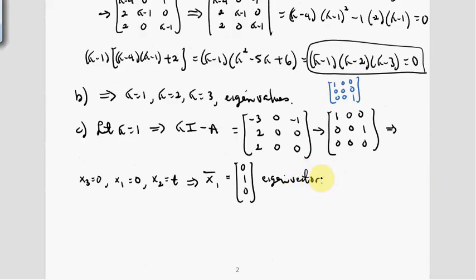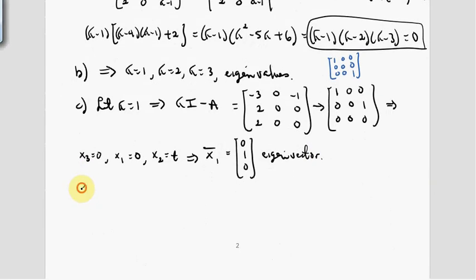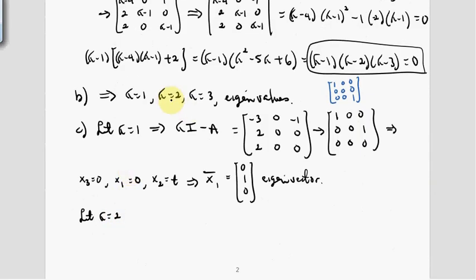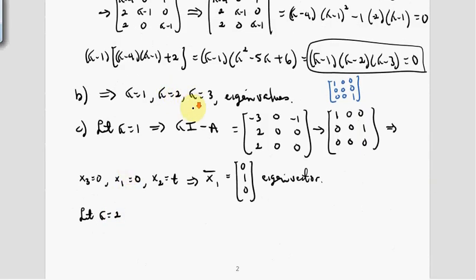There should be an eigenvector that corresponds to the eigenvalue. So I have to look at the next one. Let lambda equal 2, because I have lambda equal to 1, lambda equal to 2, lambda equal to 3.